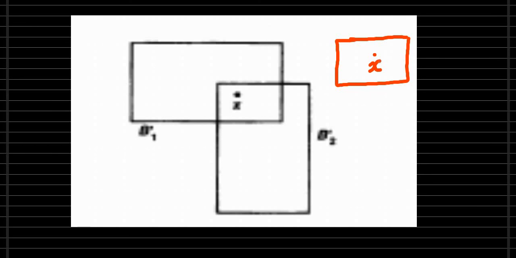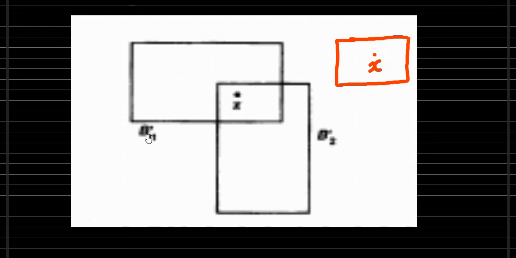Which means that the first condition is verified: if we take small x as any one point from the capital X set, then there exists a member of script B dash, a rectangle that covers x and whose sides are parallel to the coordinate axes. This verifies the first condition, and the second condition is verified by means of drawing this diagram.